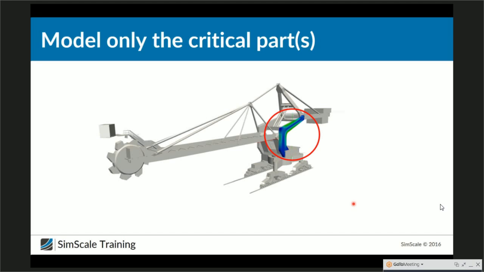Another very important point is that it can help you massively to simplify your simulation setup, independent from the mesh. For example, let's say we have a part which is symmetric, and we just take half of it.